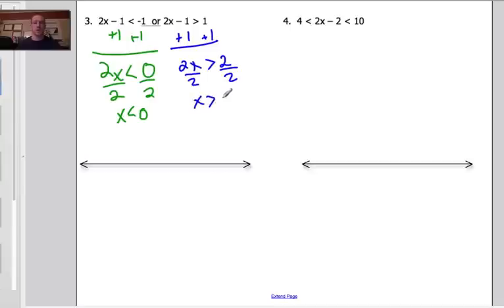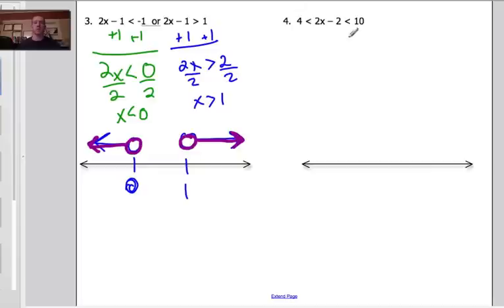So x is greater than 1. So x less than 0 would be that way. And x greater than 1 is this way. So your final graph is this and that. Alright, because it's either this one or that one has to be true.